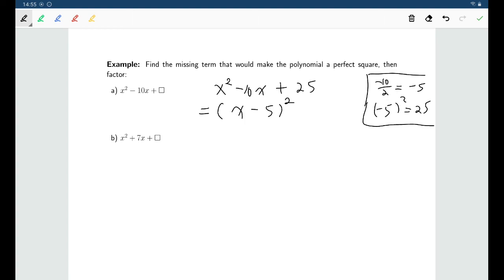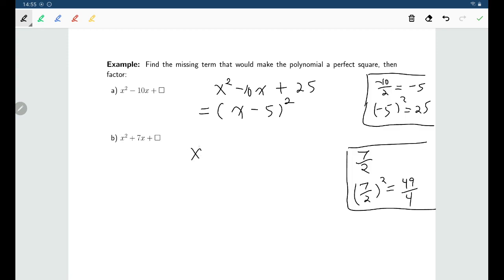Same thing with the last one. Sometimes the coefficient of x doesn't divide by 2 nicely, and that's fine. It doesn't have to always be nice numbers. So for something like x squared plus 7x plus mystery unknown number, the coefficient for the x is 7, and if we cut 7 in half, we have 7 halves. And if we were to square 7 halves, we would get 49 over 4.